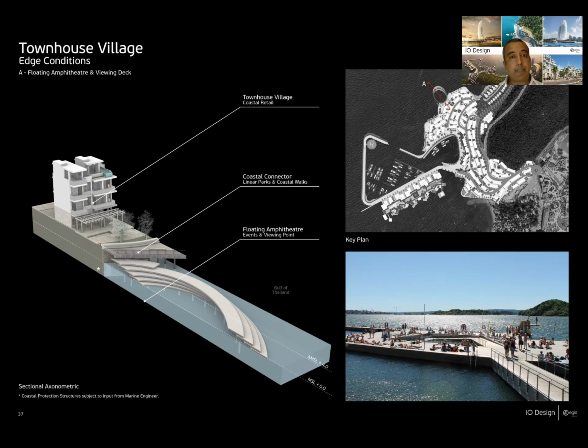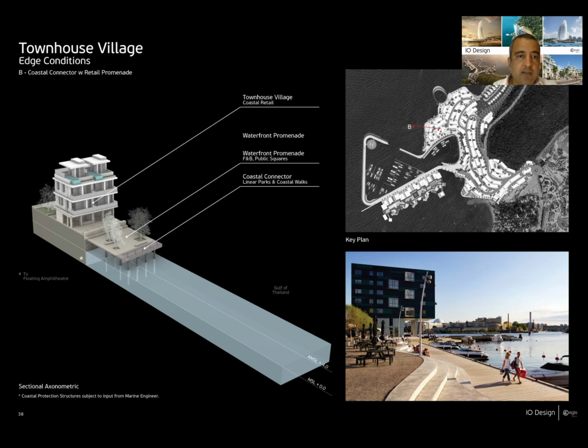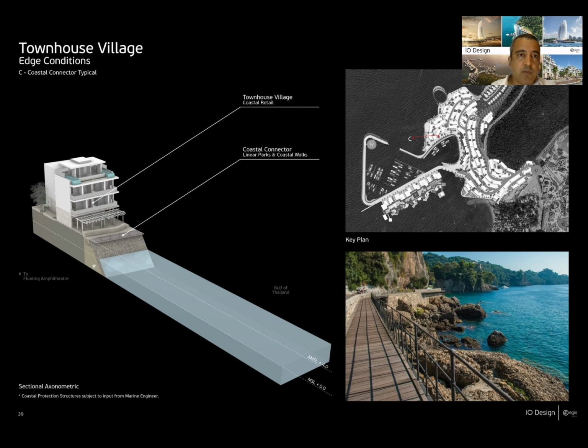And with these same modules, we also had to work on the edge conditions facing the water, where there was a floating amphitheater, where there was purely the connectivity, the integration with the coastal connector and retail promenade, or just a typical coastal connector, where there would be a narrower condition between the building and the seafront itself.